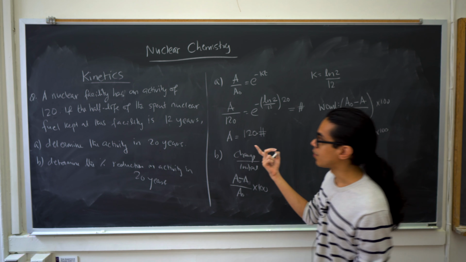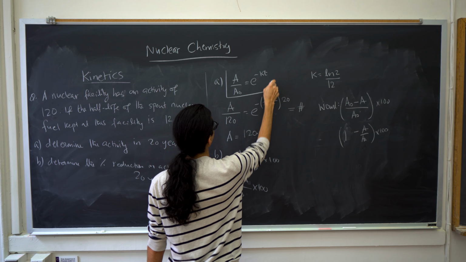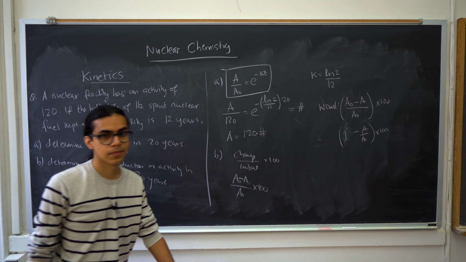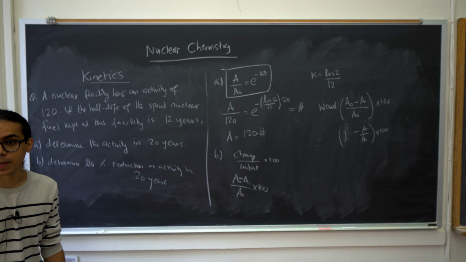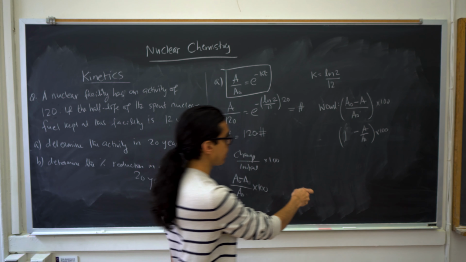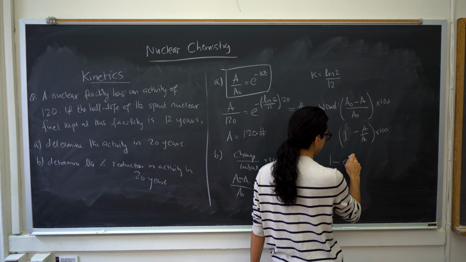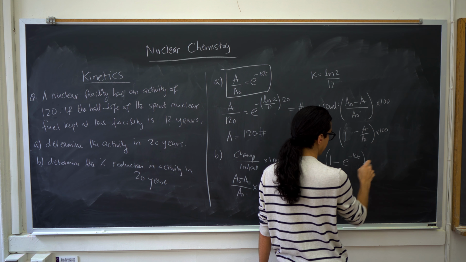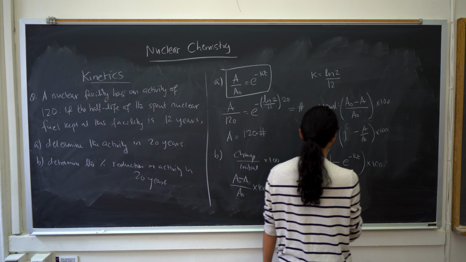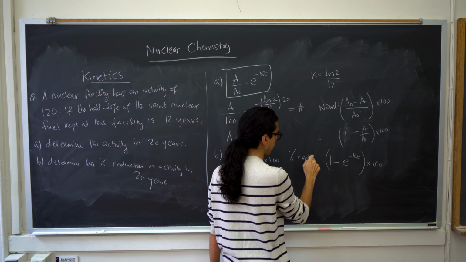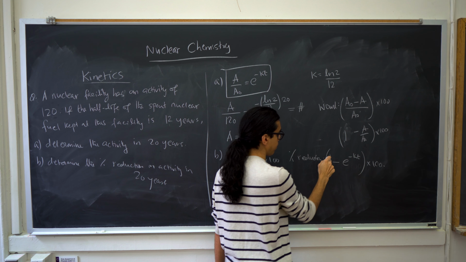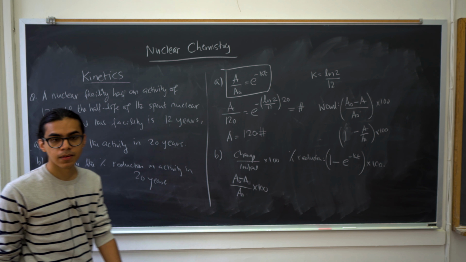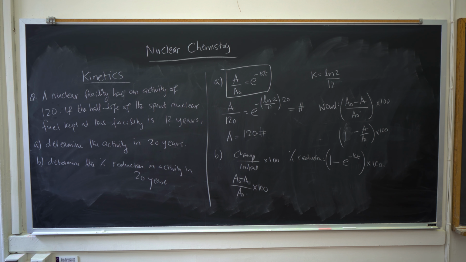Going back to the first order equation, what is A over A naught? E to the minus kt. So this would be 1 minus e to the minus kt, times 100. This is the percentage reduction. And you see it doesn't depend on A naught at all.